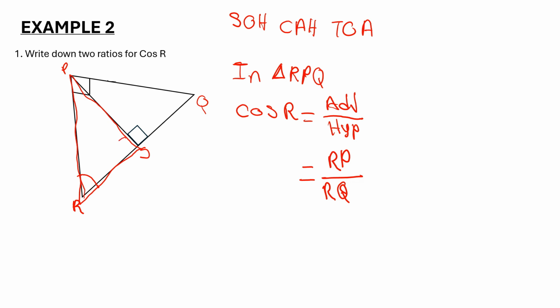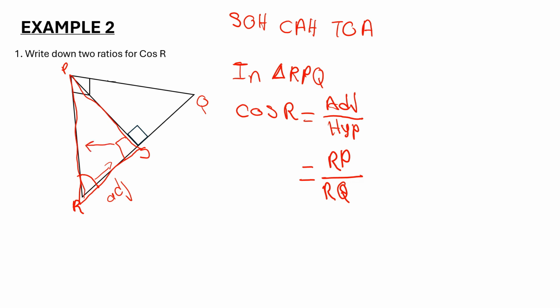And notice if here it's 90 degrees, that means also here it's 90 degrees, because the straight line must add up to 180. So 90 plus 90 must give us 180. So we start identifying our sides again from R to 90 degrees. That's where we have our adjacent. Don't forget, it's very important.